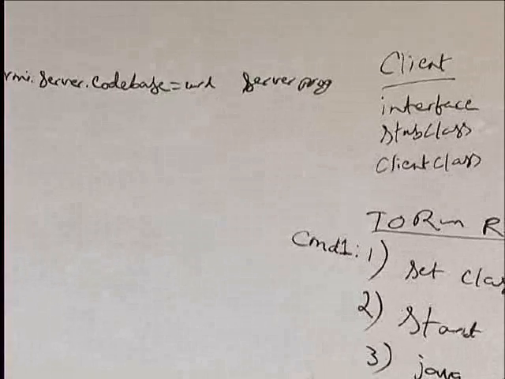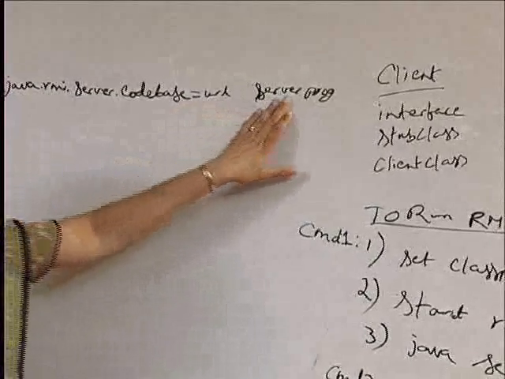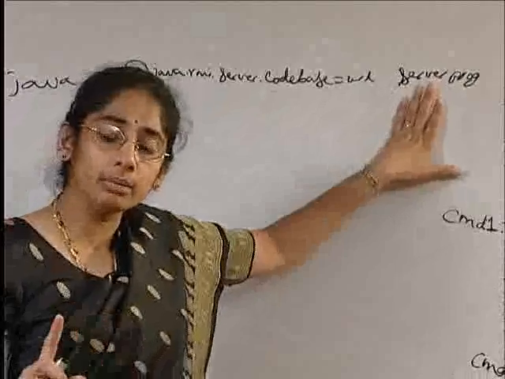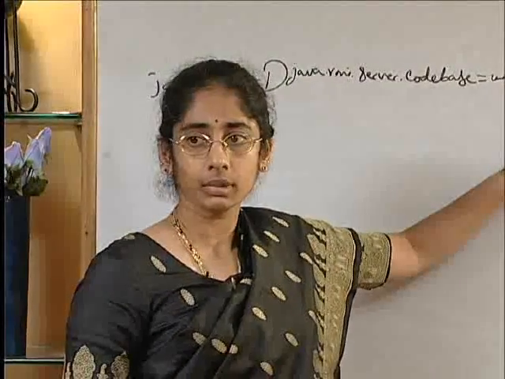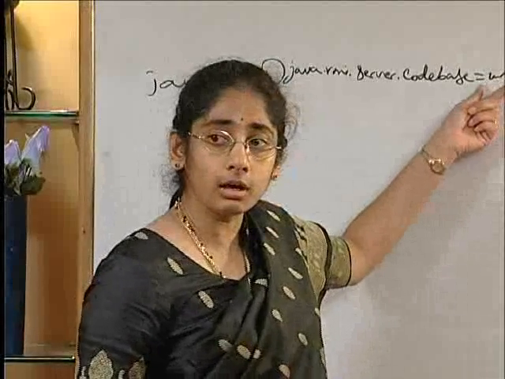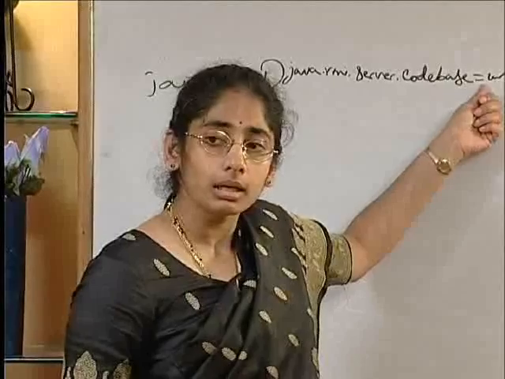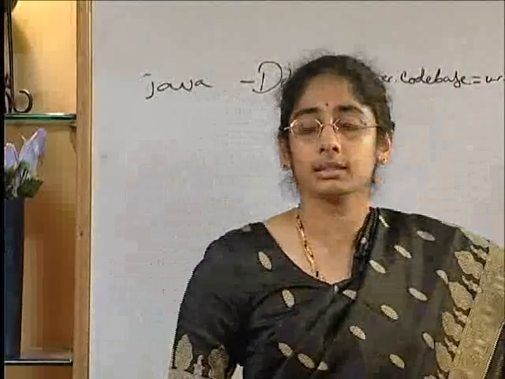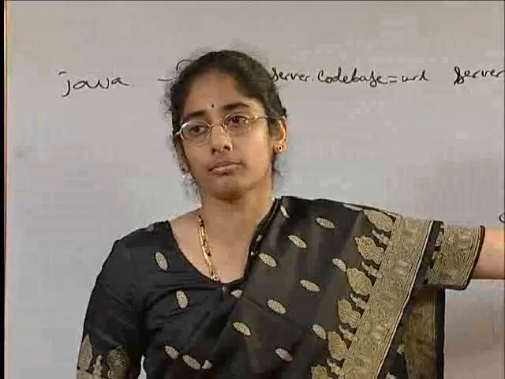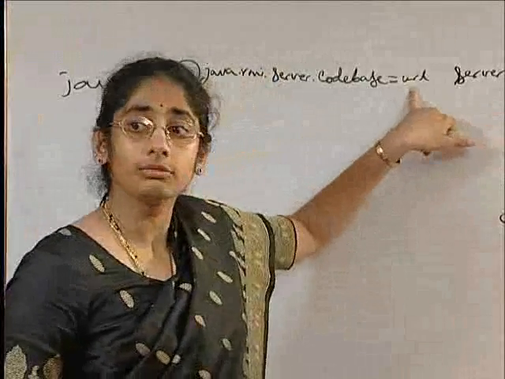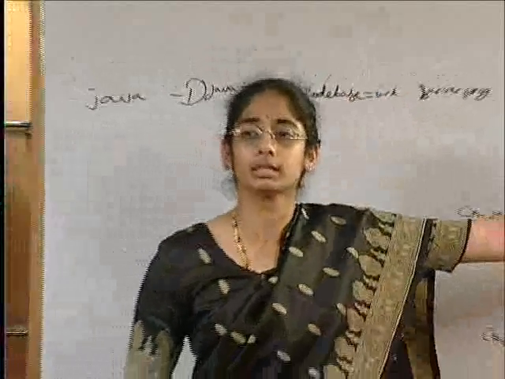So when you do this, and when the server program calls the bind method to place the remote object onto the registry, this URL will also be written along with the serialized object that is being sent to the registry. The codebase value will also be available with the serialized object that we are sending to the registry.